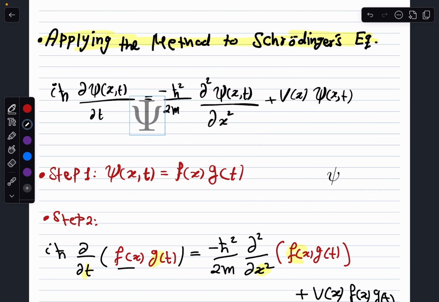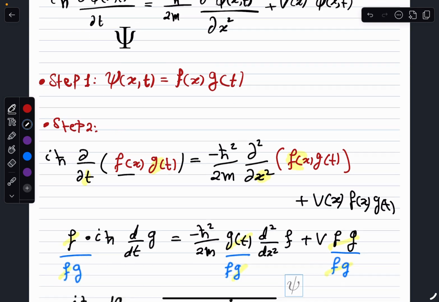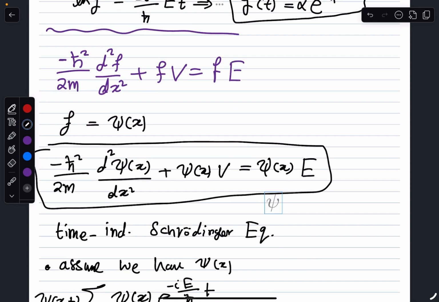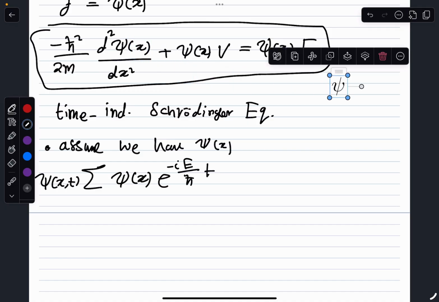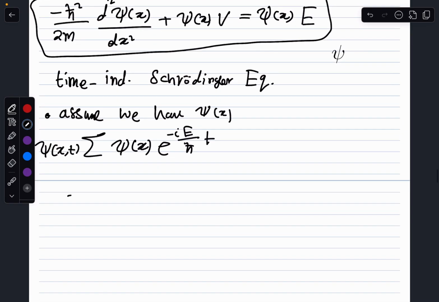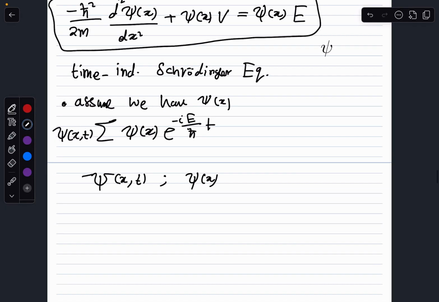And the small psi is for the time-independent one. In writing it's difficult for me to distinguish between them, but I will try to write it as such. This is the capital one, and for the small one, this one. It will be clear from the context.